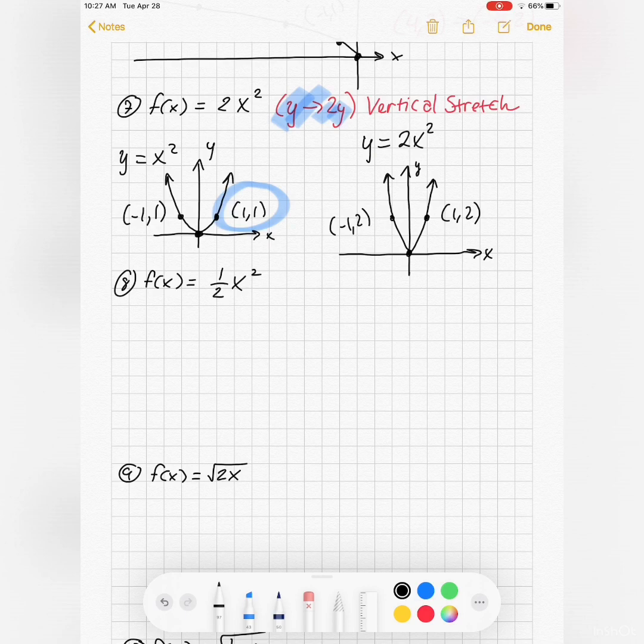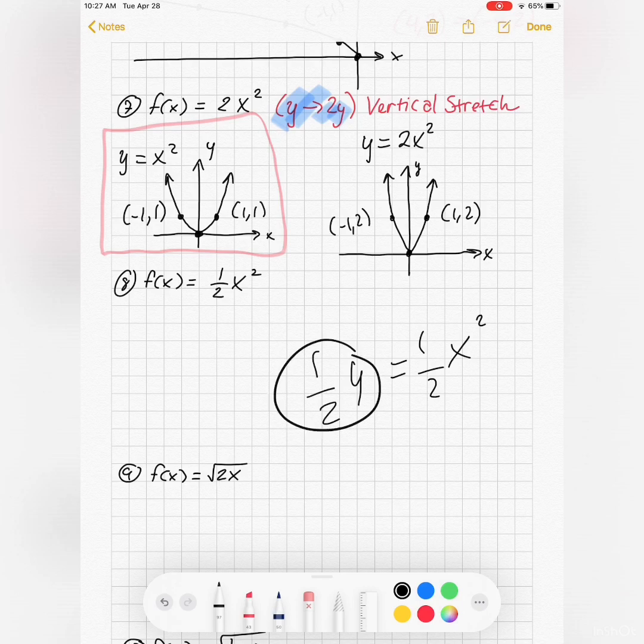Versus something like number 8 here. So I have the same base graph, still a y equals x squared. Okay, but what have I done this time? So I've taken y equals x squared and I've multiplied it by a half. Okay, so what is my rule?